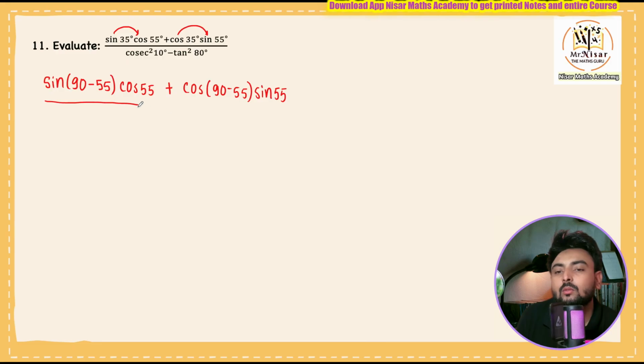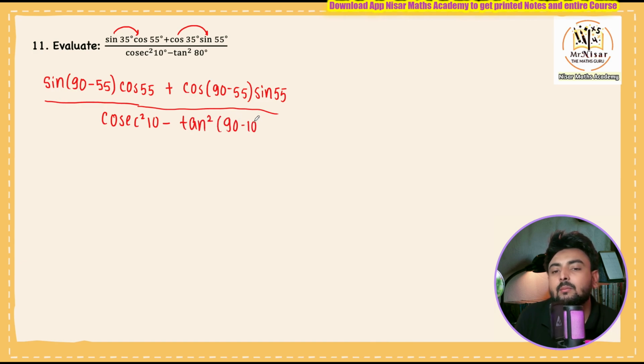Upon cosec square 10, and cosec and tan, these both are complementary to each other. So I'll convert this tan. Tan square 80, I'll write it as 90 minus 10. 90 minus 10 is 80. Now sine 90 minus theta is cos theta, so that is cos 55, and cos 55 into cos 55, I'll write it as cos square 55.